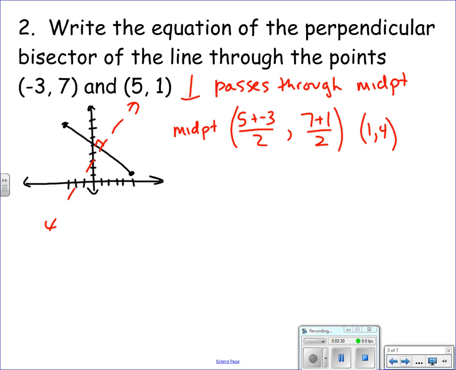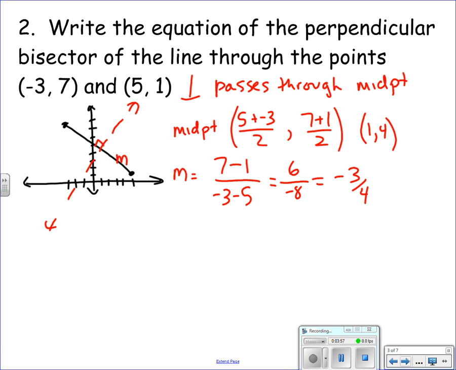Now find the slope. We're finding the slope of that line, of our segment. So the slope is, I'm going to do 7 minus 1, -3 minus 5, 6 over a -8, which is -3/4.